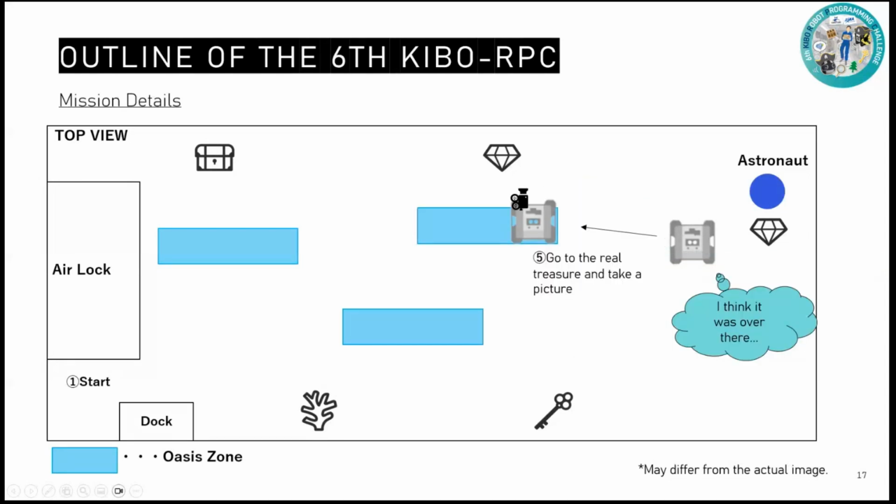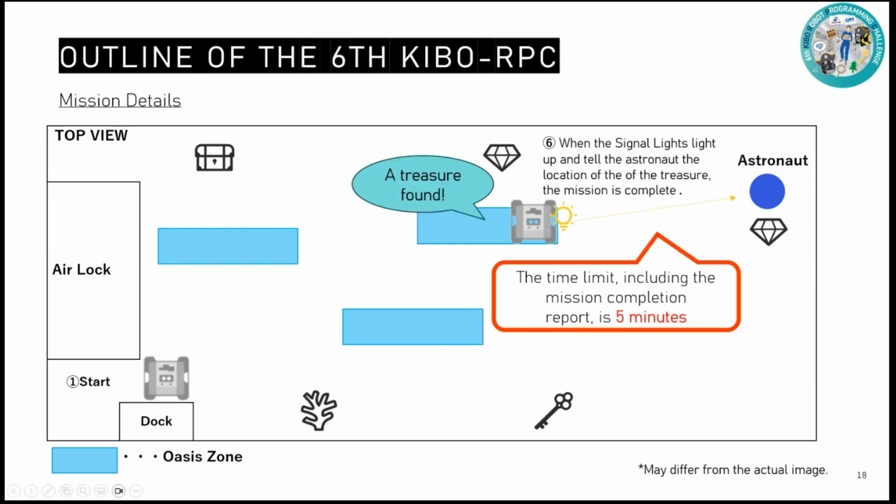Using the image of the real treasure obtained from the astronauts, Astrobee will navigate close to the treasure's location and capture a photo of the treasure with its camera. After capturing the photo, Astrobee will activate its signal light to indicate the treasure location to the astronauts, marking the end of the mission. So just taking a picture is not sufficient. You also have to turn the signal lights on.